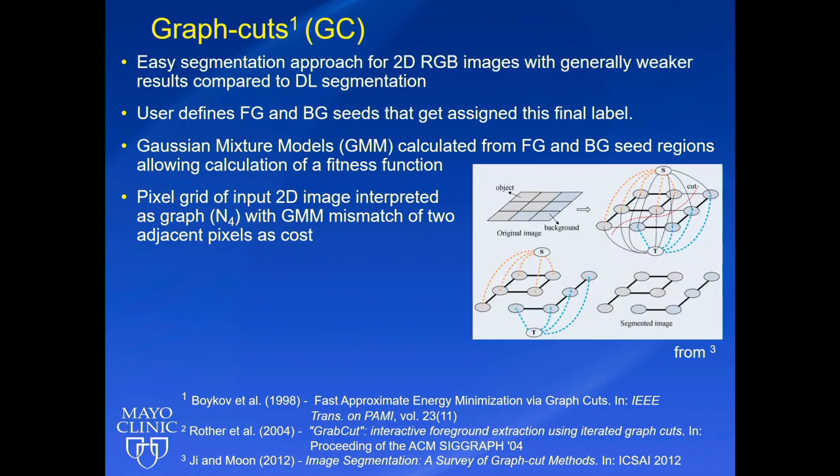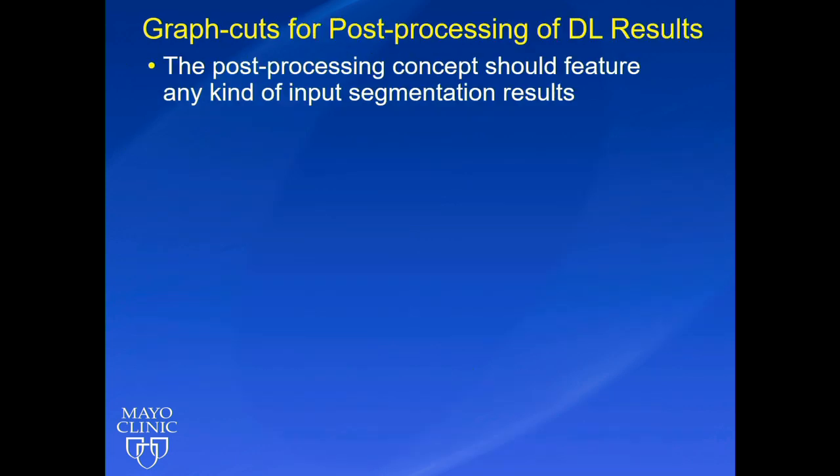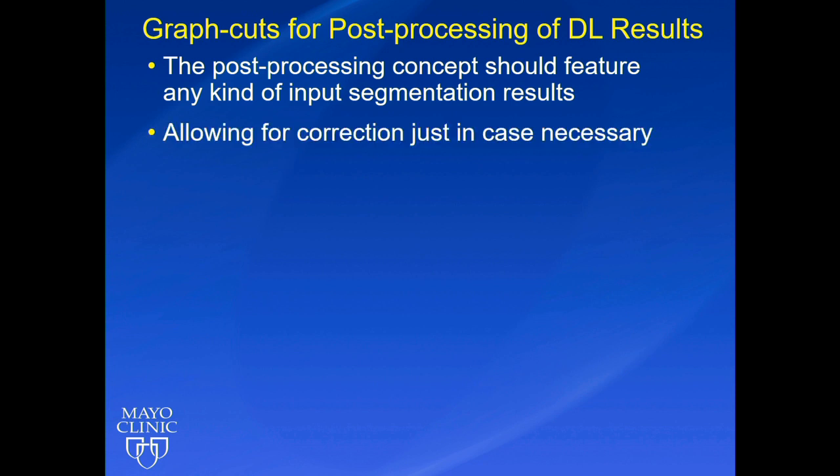So what we had to do there is to improve the classic graph cuts, so that on the one hand the user has the option to improve the results, and on the other hand we keep and conserve the high accuracy of our NewNet deep learning cascade. Those were the two tasks we had to achieve.